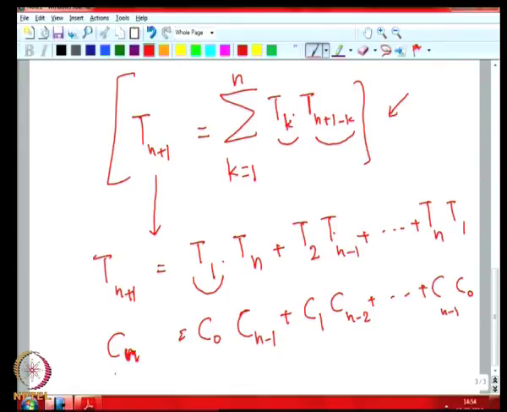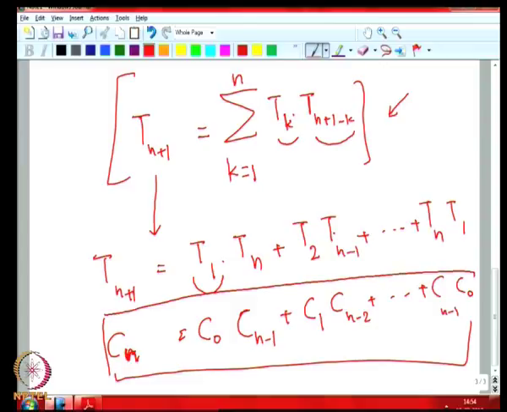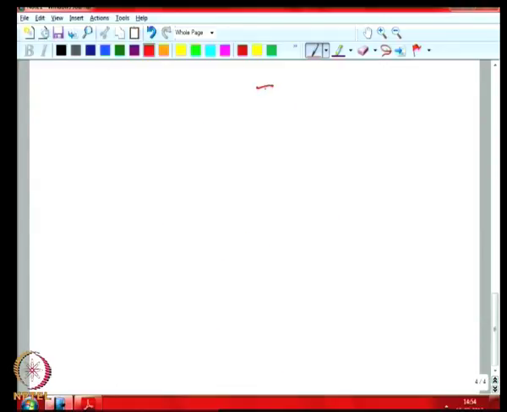So this is exactly the recurrence relation we had for the Catalan numbers. So we just identified that T(n+1) is the same as Cn. Also the initial conditions: we will see that T1 is actually equal to C0.